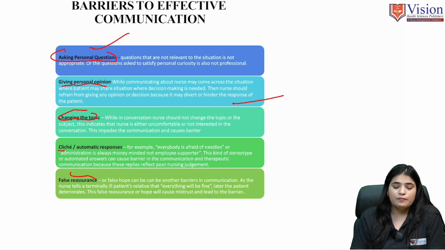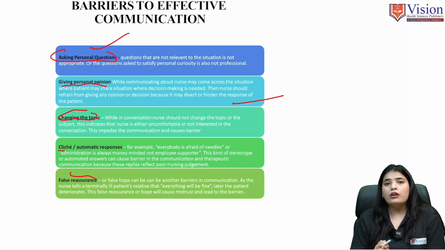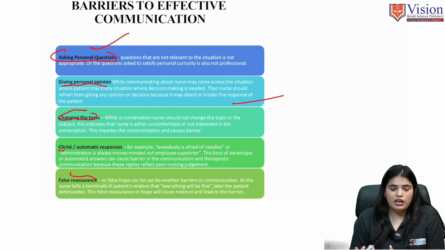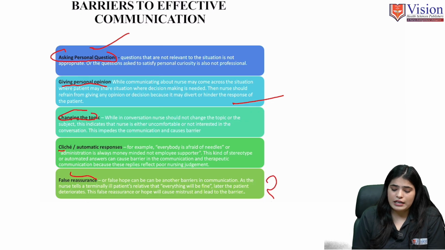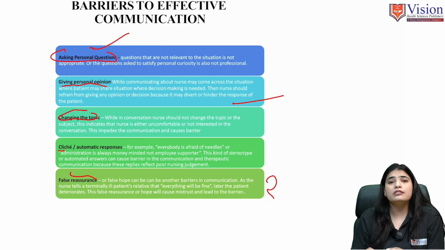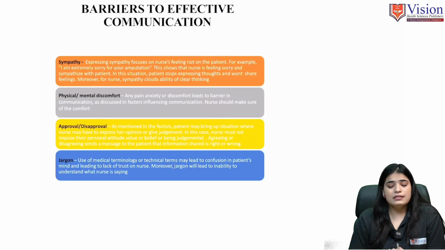False reassurance. False hope is also a barrier in communication. That means you are not correctly or honestly telling the patient about his or her condition. Like telling a terminally ill patient that everything will be fine, and that is not how it is. It questions your authenticity as a nurse, or the authenticity of your information. Next is sympathy.